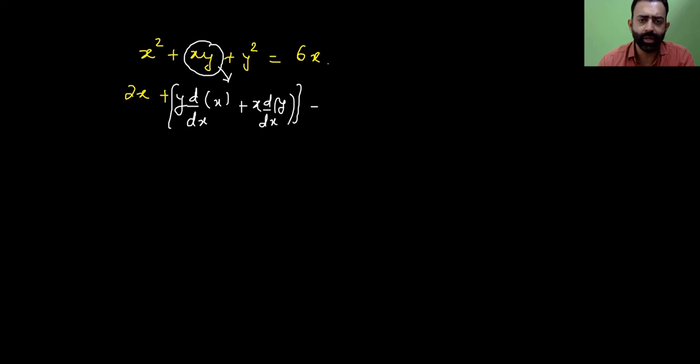Again plus y square. As you know, y is a function of x, but here this is only y. So we will first differentiate y square with respect to y, and then we will just write dy by dx. This part is going to be a little bit confusing, that why y square can be differentiated like 2y into dy by dx. It is just like differentiating t square, where t is again a function of x.